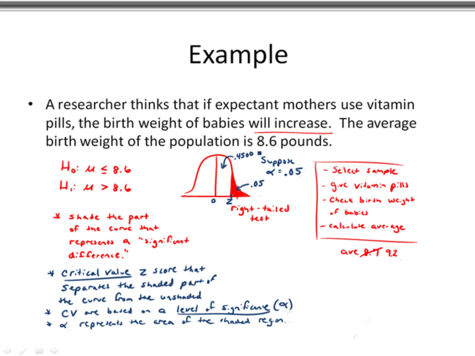And so I'm going to use an area of 0.4505, which has as its Z-score 1.65. And so my critical value for this problem is 1.65.